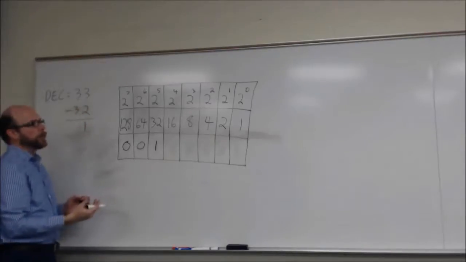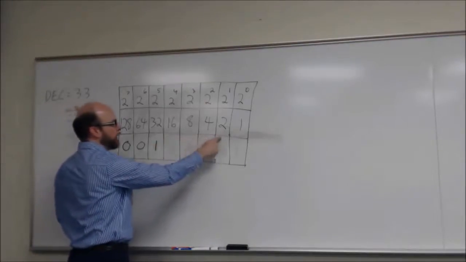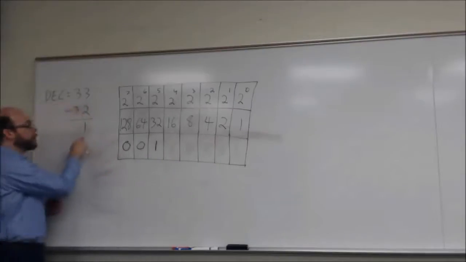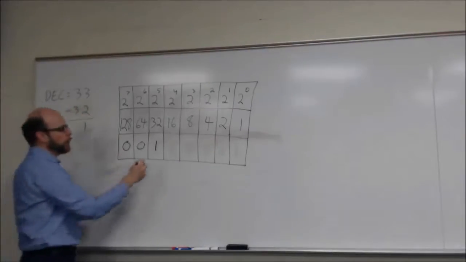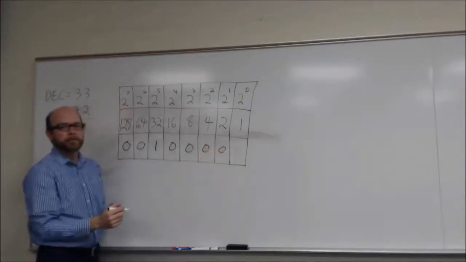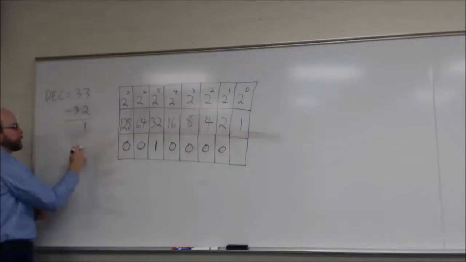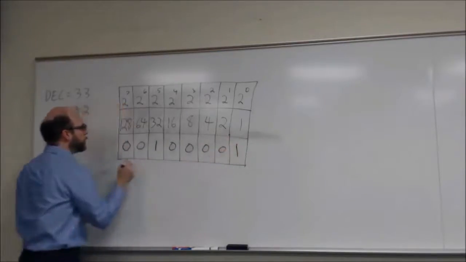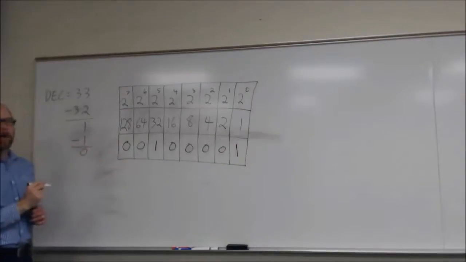Now we can kind of shortcut here because we can see that 16, 8, 4, and 2 are all greater than 1. Since none of them are less than or equal to 1, we can put zeros in each one of those places. Finally, we get to 1, and we can see that 1 is less than or equal to 1. So we can put a 1 there, subtract 1, and we get 0.